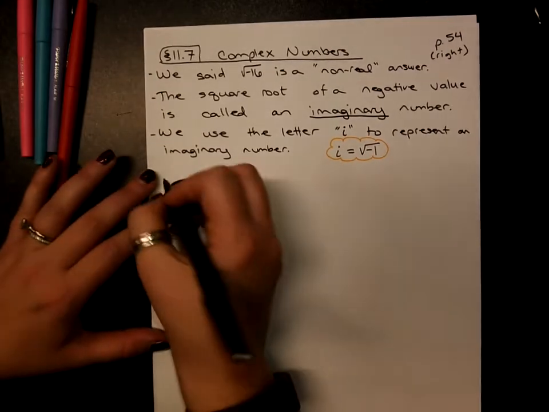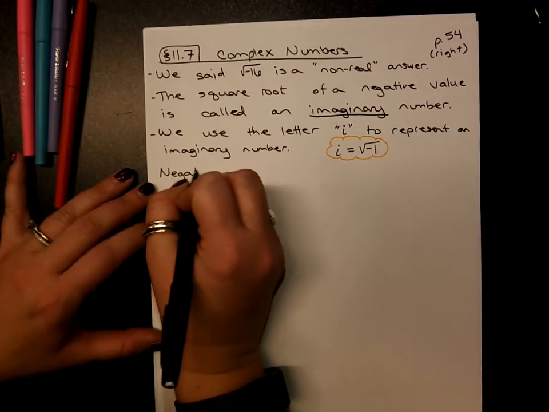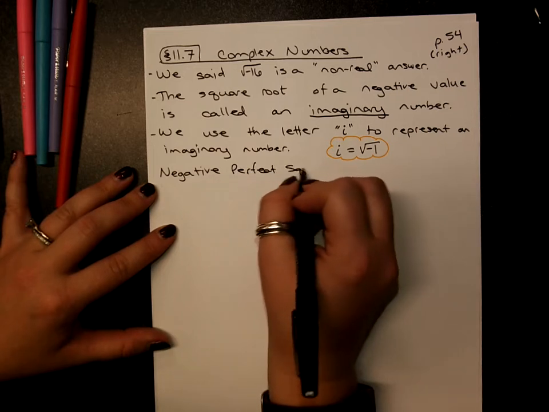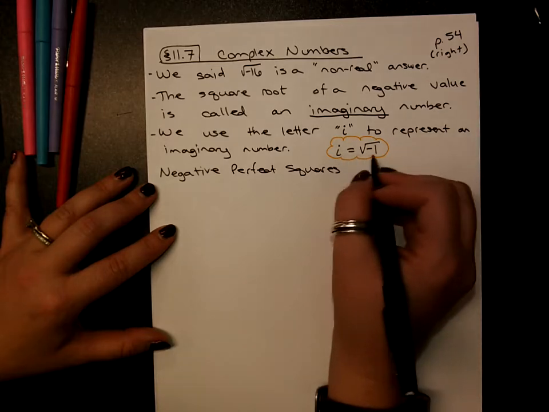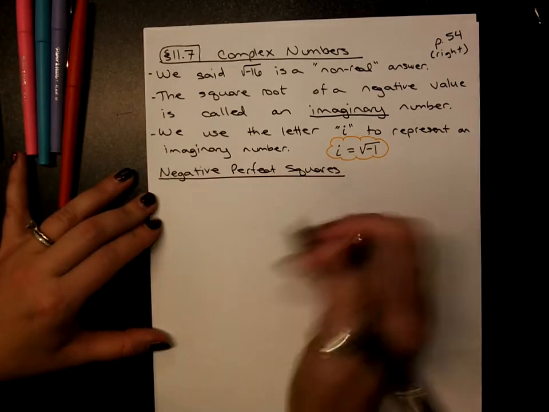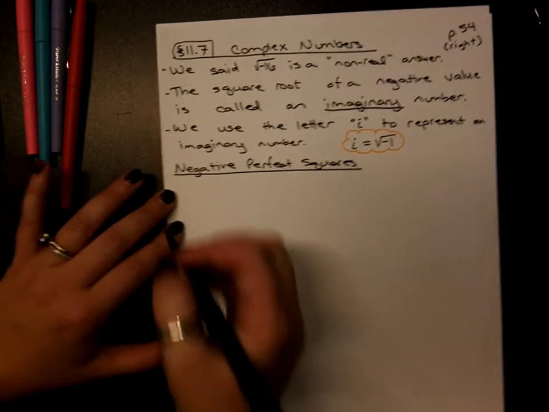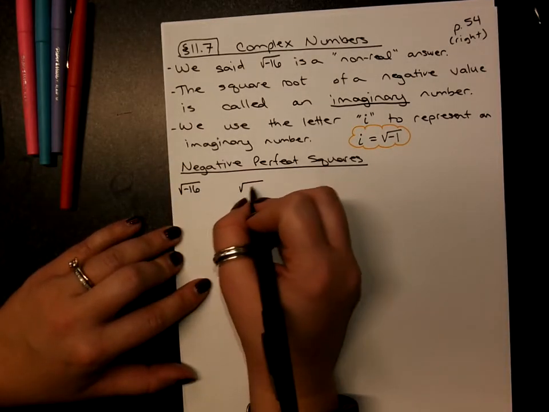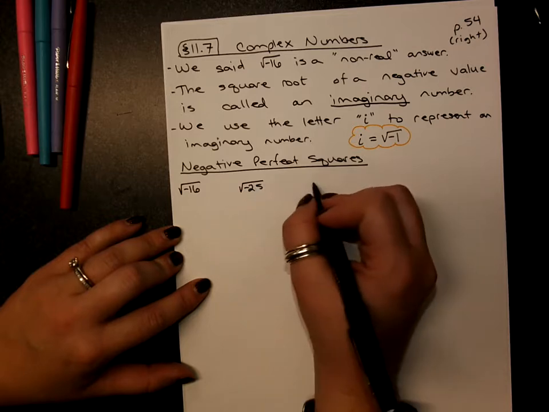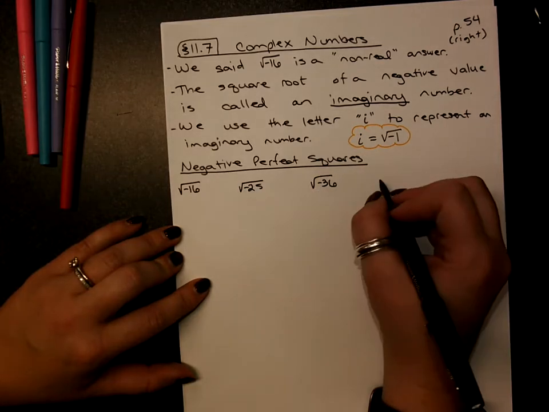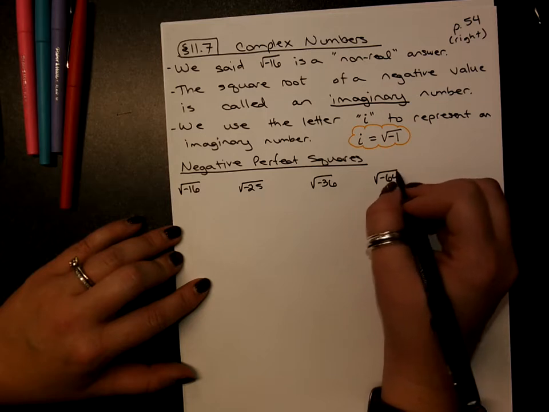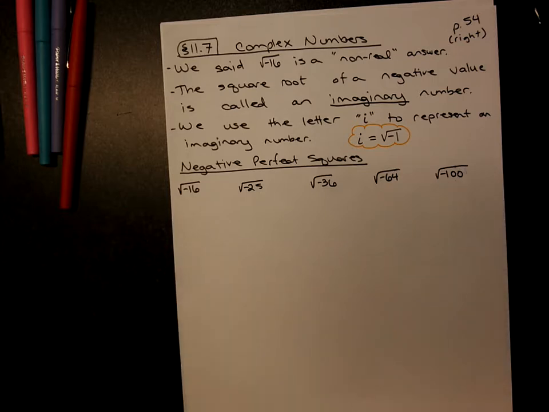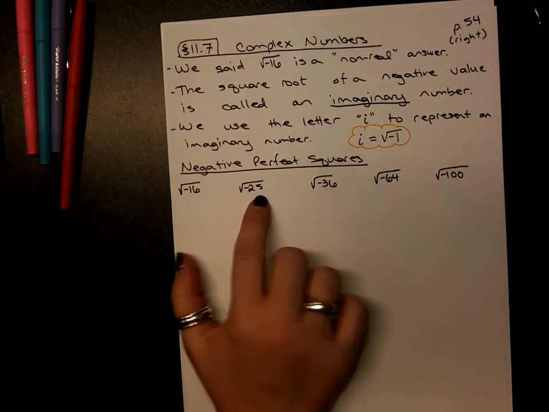This means if we have negative perfect squares, if we can remember this fact, negative perfect squares actually have a solution. So if I have the square root of -16, or the square root of -25, or the square root of -36, square root of -64, or the square root of -100, any of those, we notice that those are perfect squares.